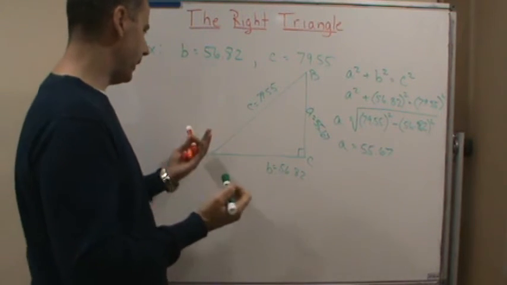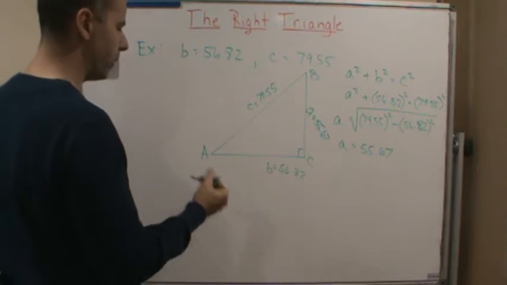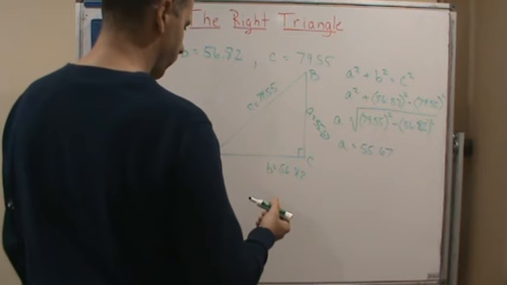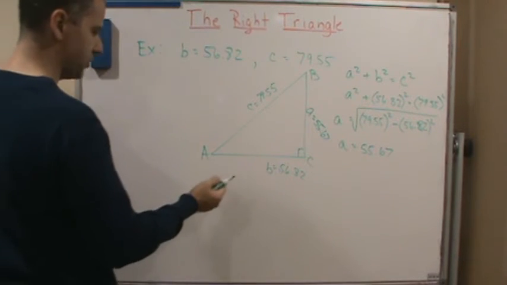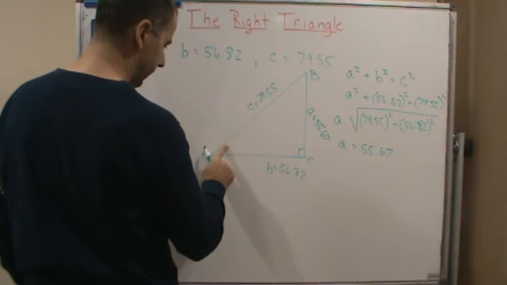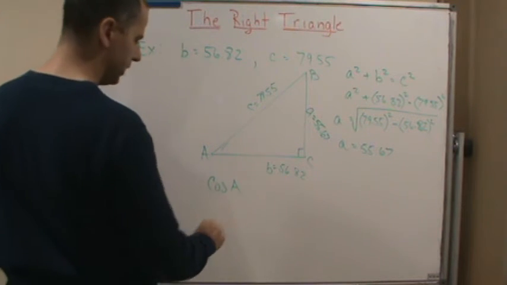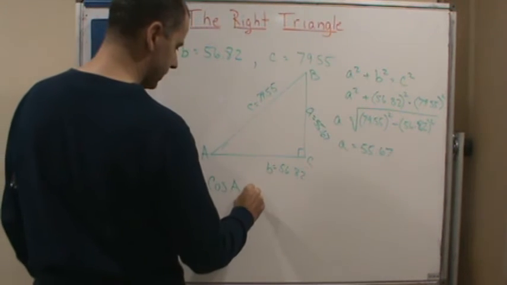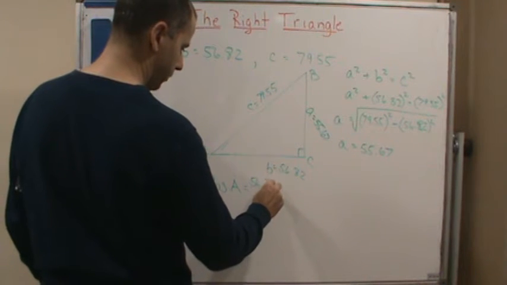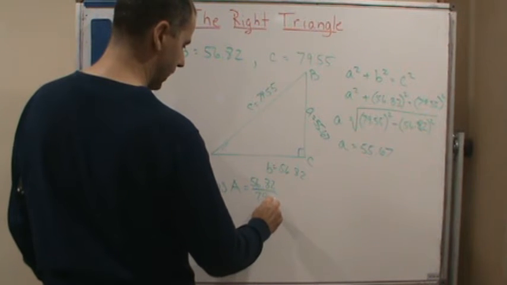So let's do A. We want to use a ratio that will give us A. One is to use cosine. So let's call this angle A. The cosine of angle A is adjacent over hypotenuse, so it's 56.82 over 79.55.